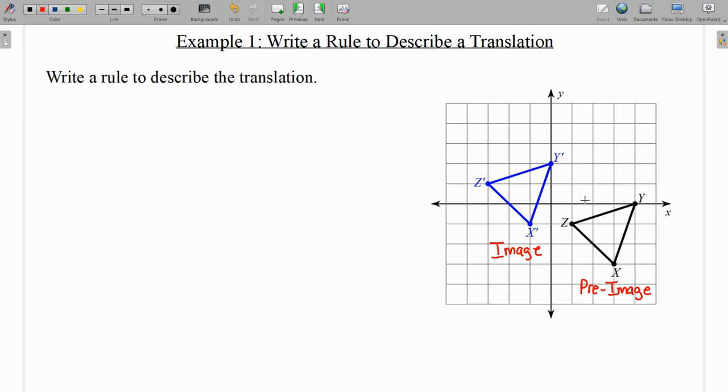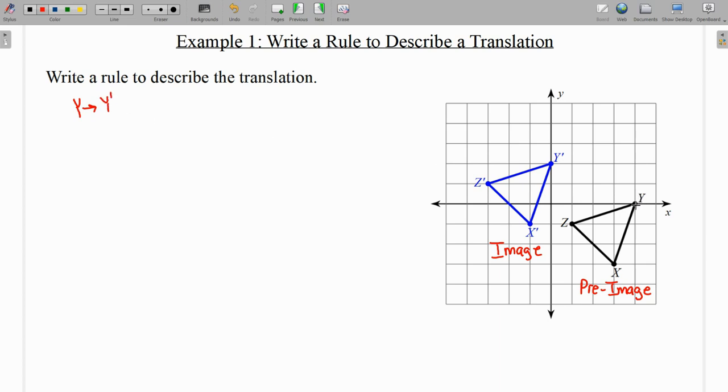So all you have to do in this problem is take one of your points, such as Y and Y prime, or X and X prime, or Z and Z prime, and see how you moved from the pre-image point to its corresponding image point. I'm just going to use this movement here from Y to Y prime.